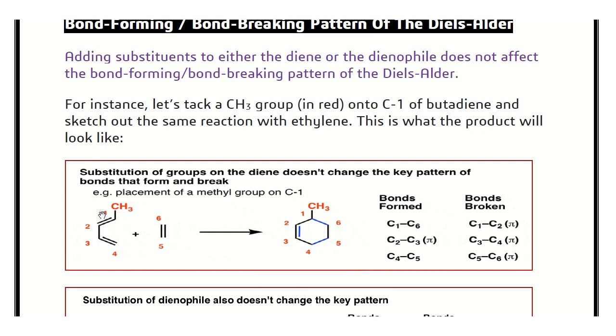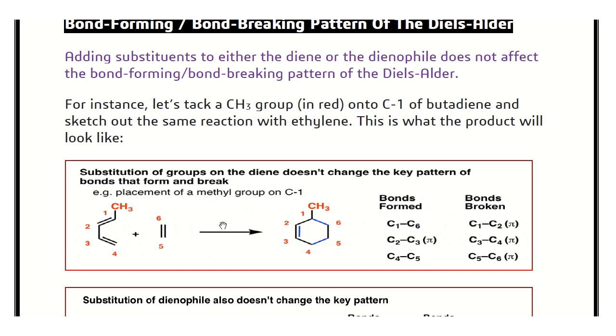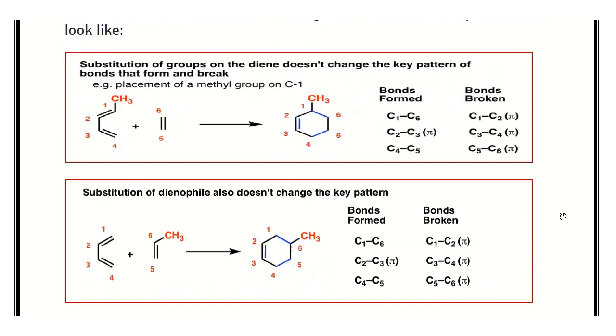In the same manner, the bond breaking and bond shifting is occurring, but in the product we have an additional methyl group at the same geometry on carbon number 1. So this does not have any effect on the bond forming or bond breaking, means it does not have any effect on the geometry of our resultant product.